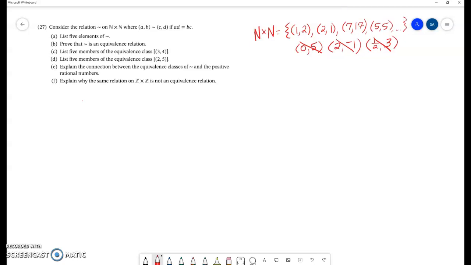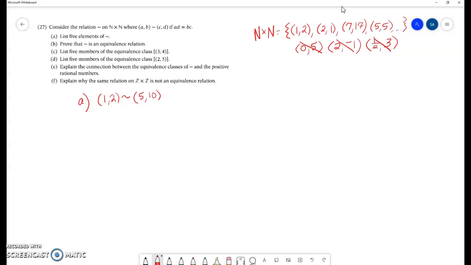Starting off with elements of this relation, remember, to be an element in the relation, it needs 2 elements from this set. So we might have something like (1, 2) in relation with (5, 10), because 1 times 10 equals 2 times 5. They both equal 10.